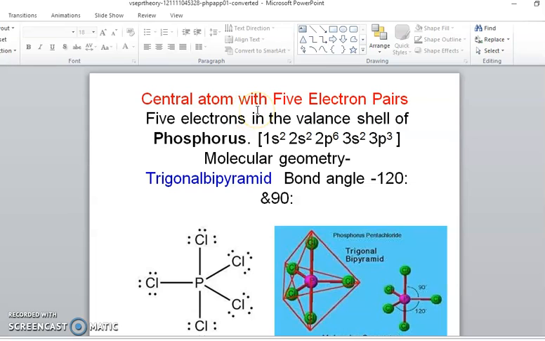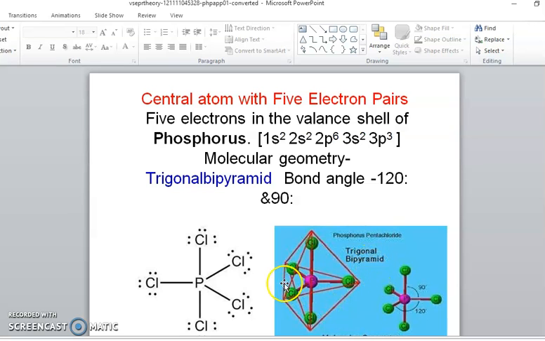Now if you have a molecule with 5 electron pairs, all bonded, this is the arrangement. Out of the 5, 3 are arranged in a plane. This is above the plane and this is below the plane. The geometry is called trigonal bipyramidal.